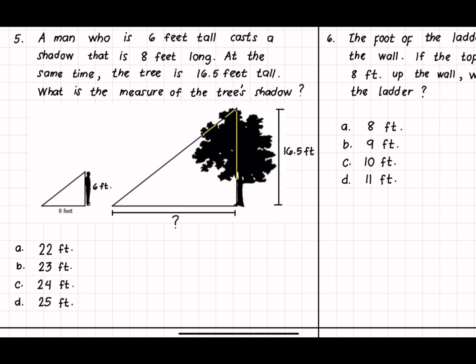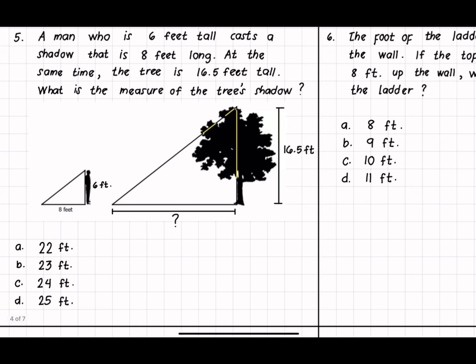So we can create a proportion: 6 feet over 8 feet is equal to, so the height of the man corresponds to the height of the tree, which measures 16.5. So we can say 6 over 8 is equal to 16.5 over the shadow cast by the tree, and that is unknown. So we can say that it is x.